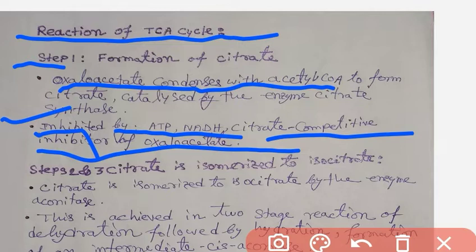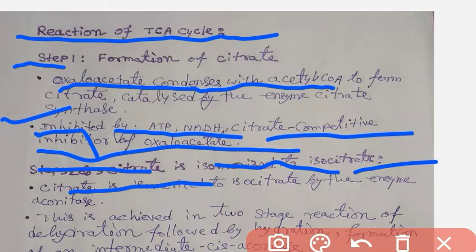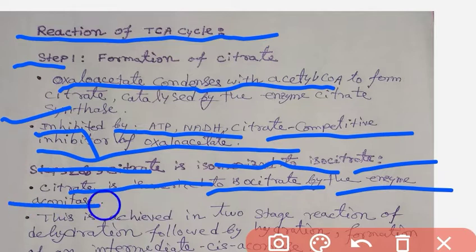Step 2 and 3. Citrate is isomerized to isocitrate by the enzyme aconitase.